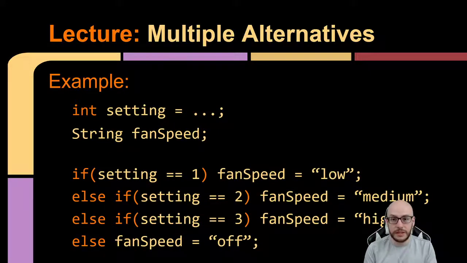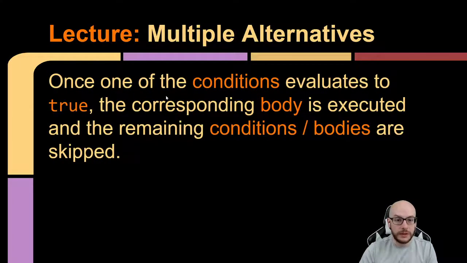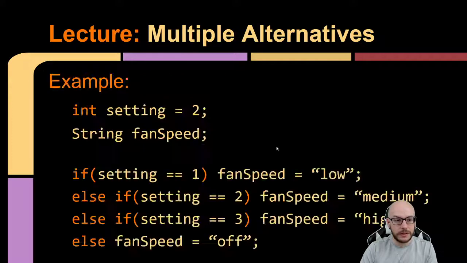The biggest difference is, and I'm going to harp on this, once one of these conditions is true, we execute the corresponding body and then skip everything else. And that's going to improve our efficiency.